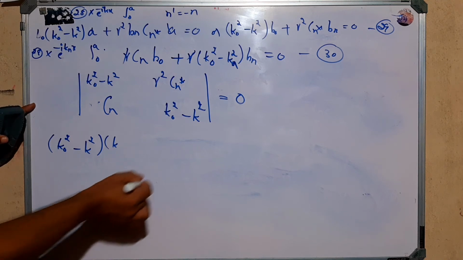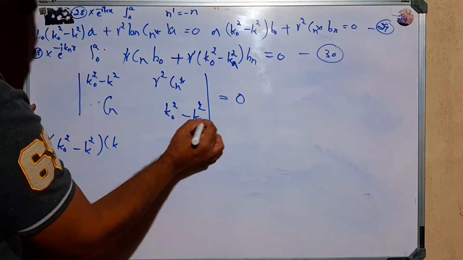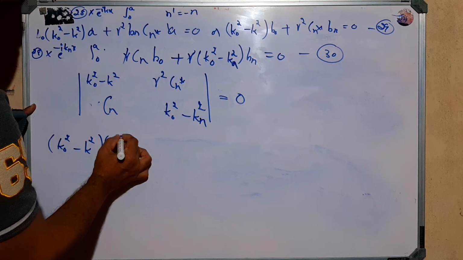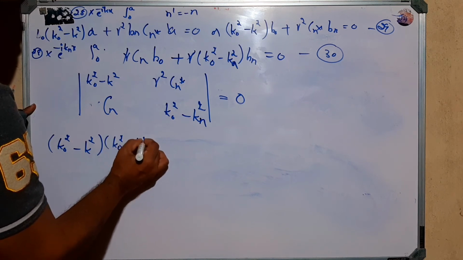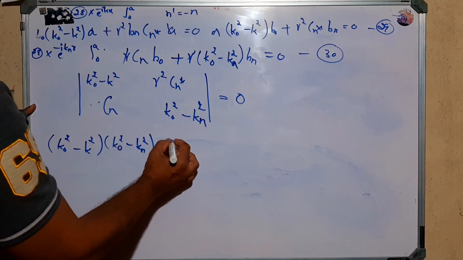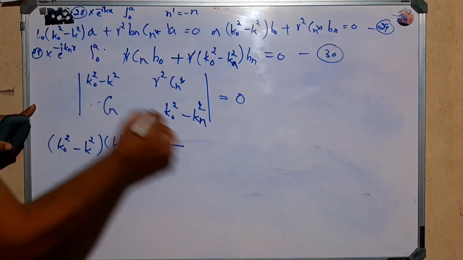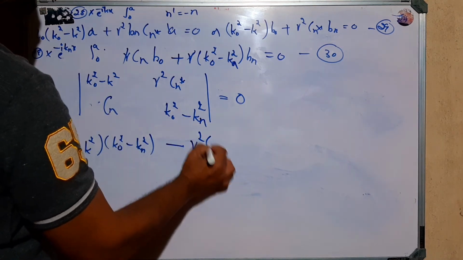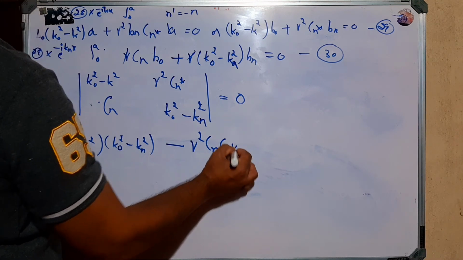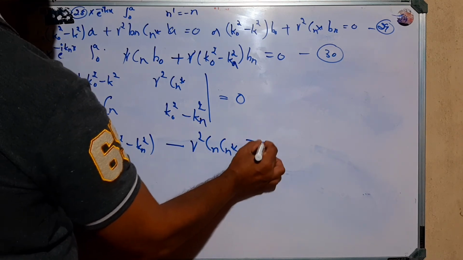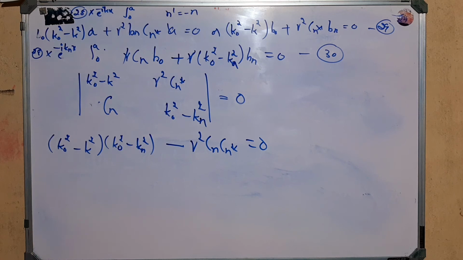So here it becomes k naught square minus k square, k naught square minus kn square, minus gamma square cn into cn star, this is equal to 0.